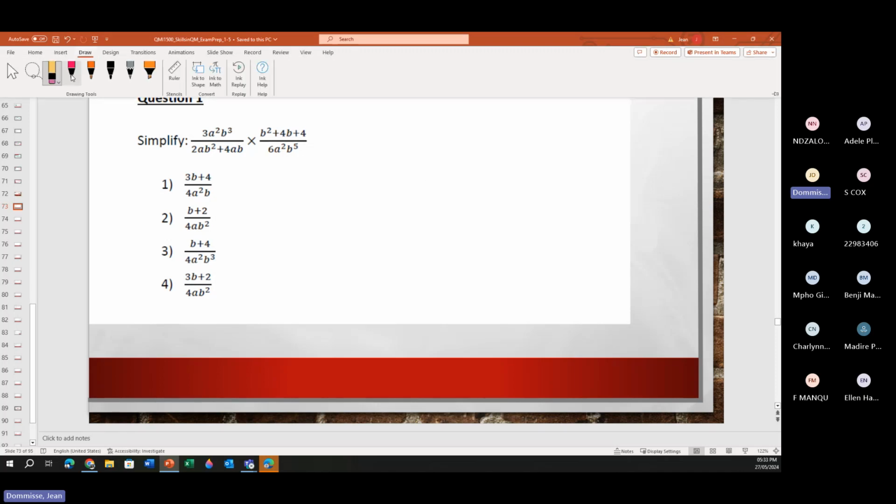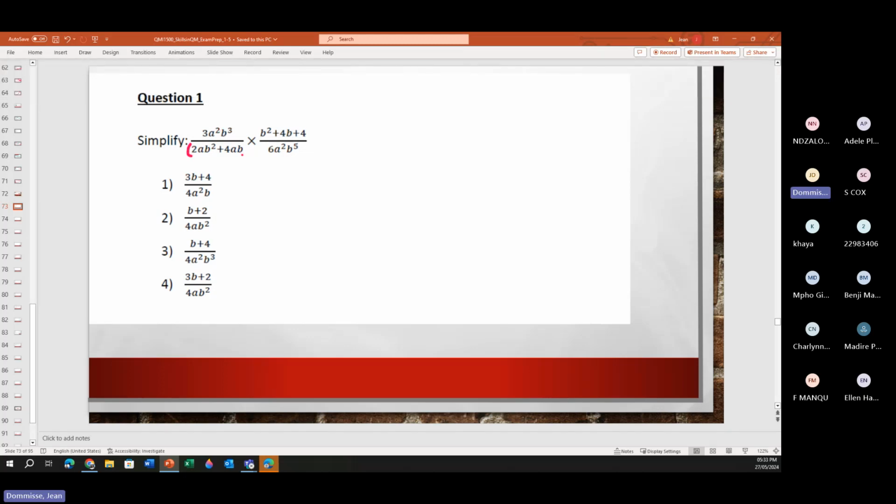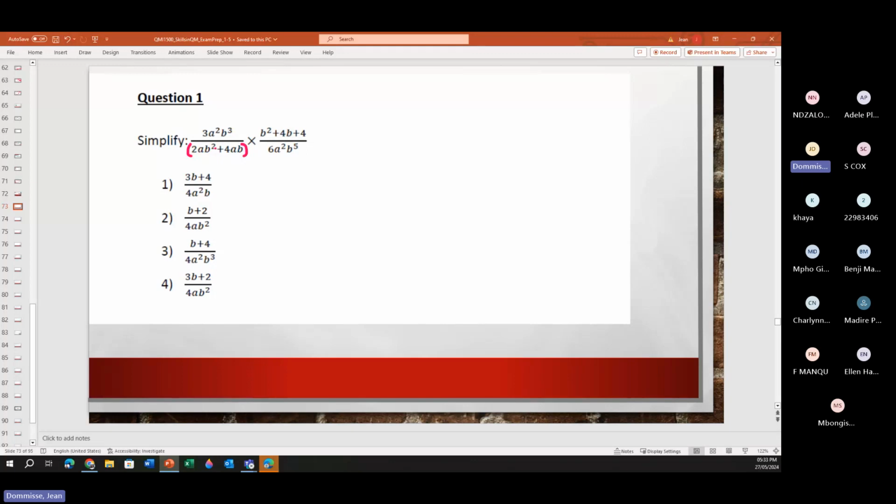Okay, so let's first see how many terms there are. At the top, here we have one that is actually 2 terms, so it's 2ab to the power of 2 plus 4ab, and at that side, okay, so that's a bit of a different story. What I would do is first simplify across the board.